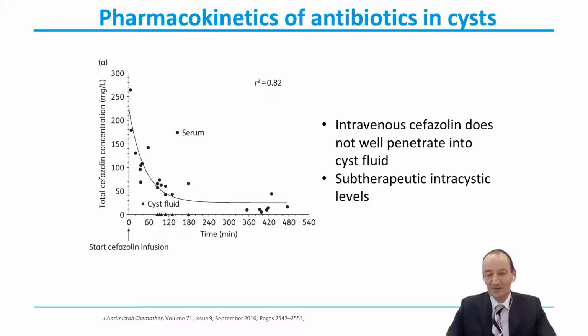And one of the problems with cyst infections is that there is poor penetrance of the antibiotics in liver cysts. Here is a graph of cefazolin penetration into liver cysts, which is virtually absent. And these patients will have subtherapeutic intercystic levels of antibiotics.